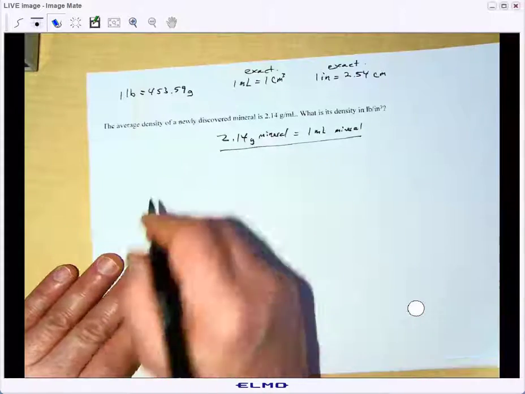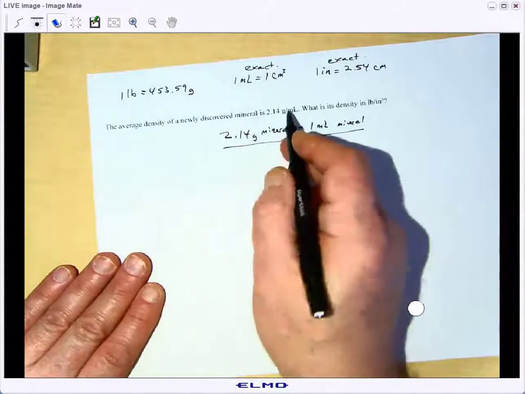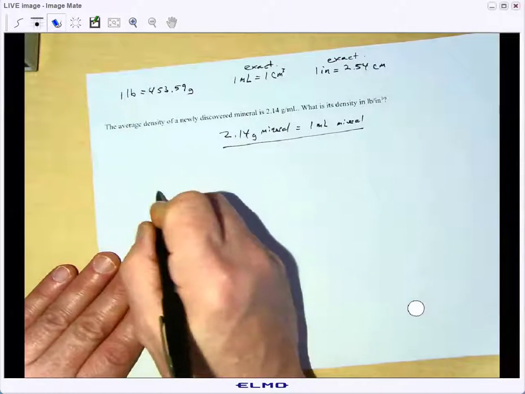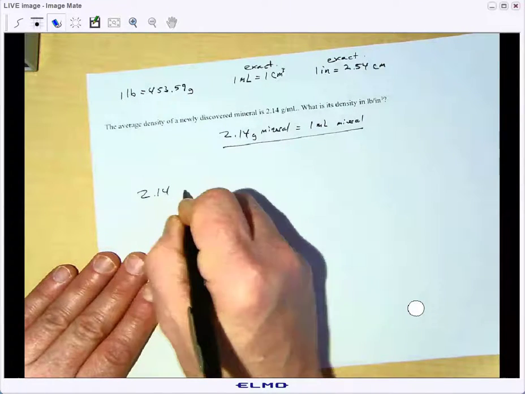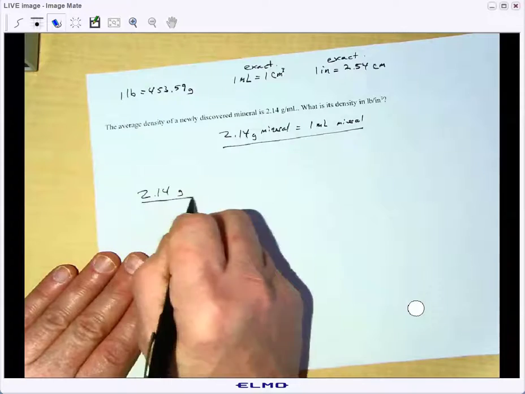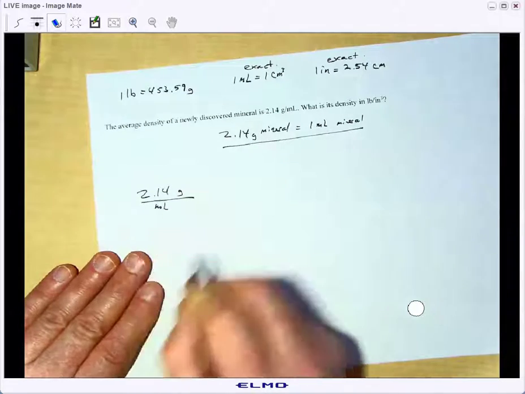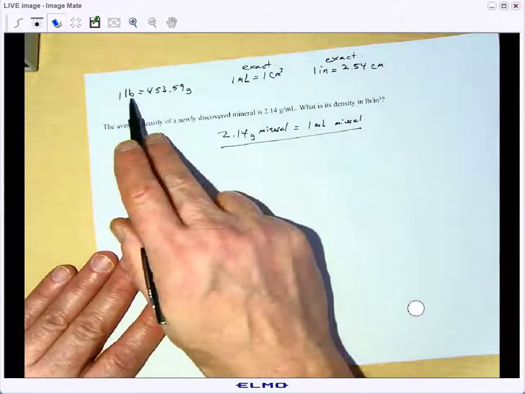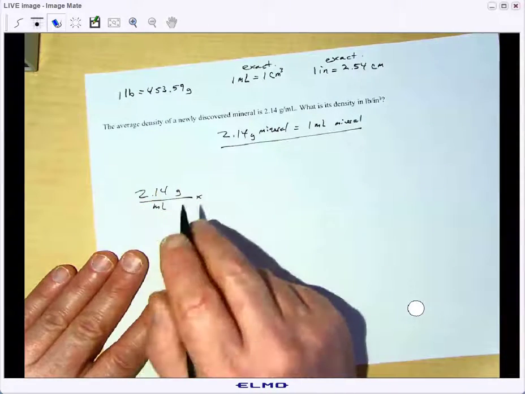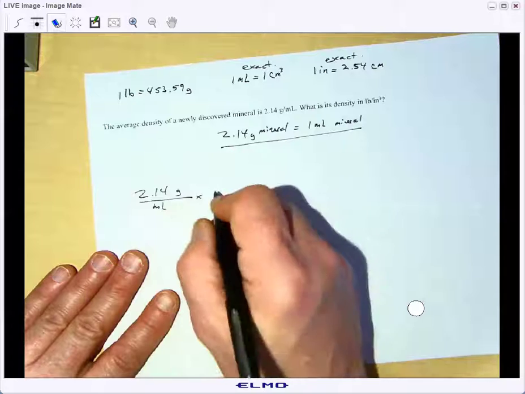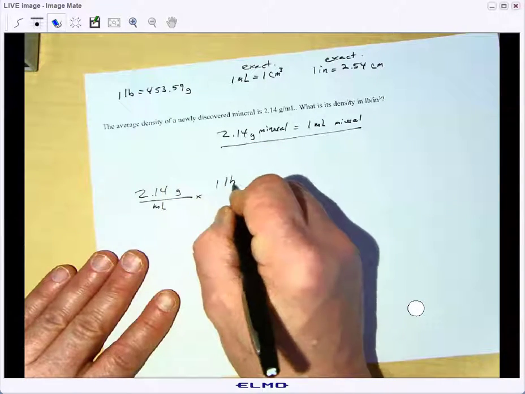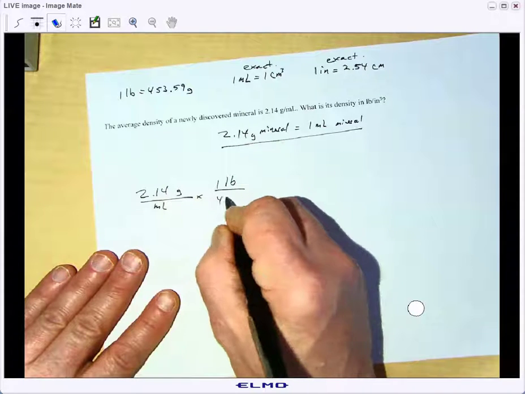So to start off with, we'll take the density of this material. Since we're going to convert it from density of this to that, I'm going to say that 2.14 grams of the mineral per mL. And then we'll multiply this by the conversion factor of 1 pound for every 453.59 grams. So we want the grams to cancel out, so put that on the bottom.